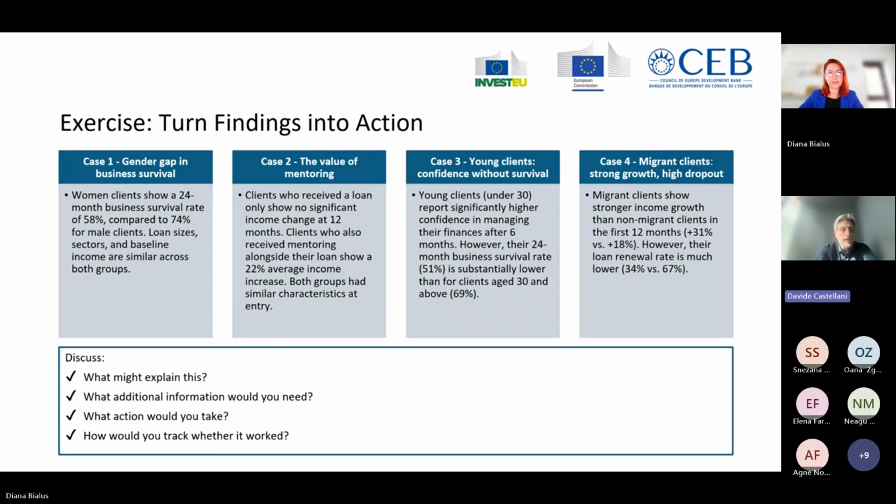So you have analyzed the data by gender, and you have observed that women clients show a 24-month business survival rate of 58% compared to 74% for men clients. Loan sizes, sectors, and baseline income are similar across groups, and this is important because if they differ substantially in terms of type of services, in terms of income level, etc., that can be an explanation why.